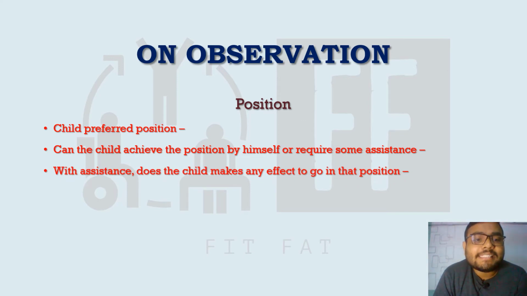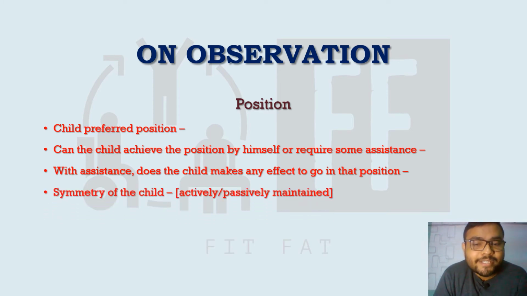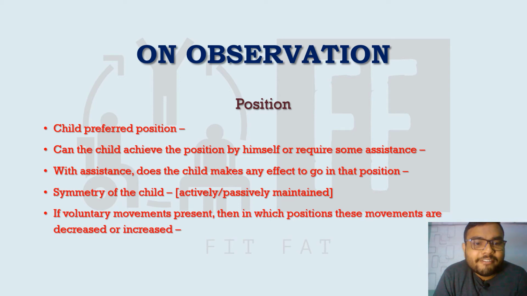And if the child is taking any assistance, then does the child make any effort to go into that position? Symmetry of the child, that is actively or passively maintained, right? Then if voluntary movements are present, then in which positions these movements are decreased or increased, right?